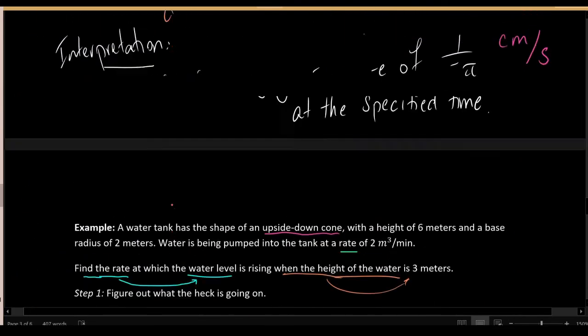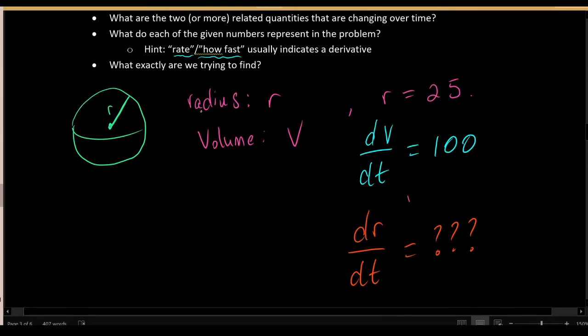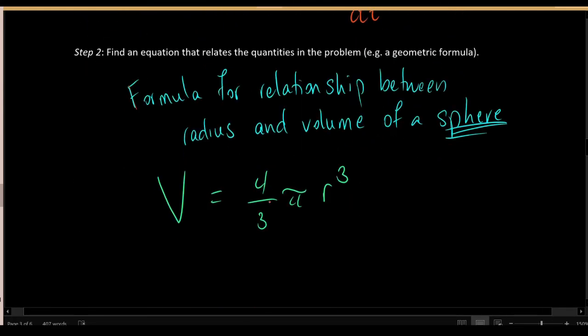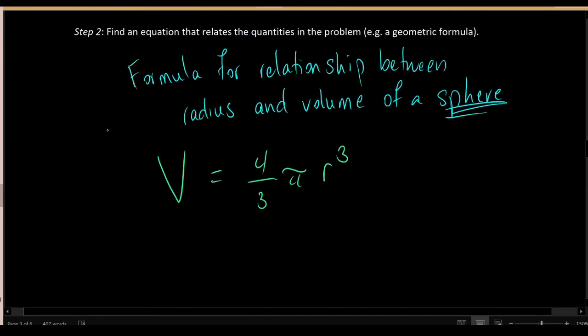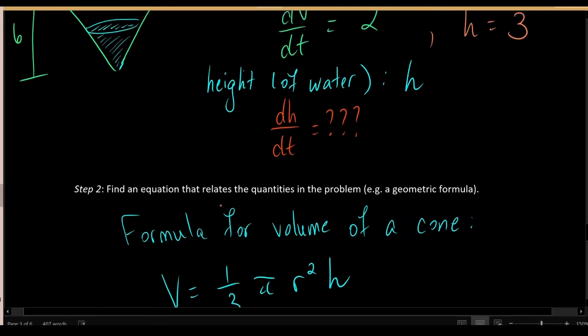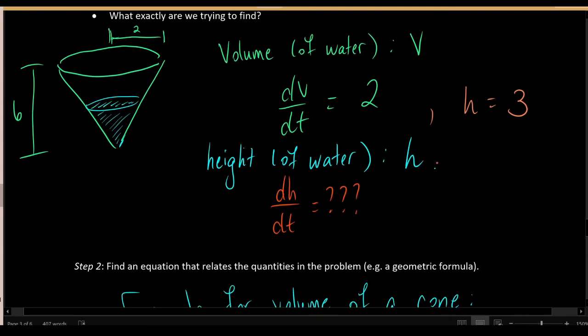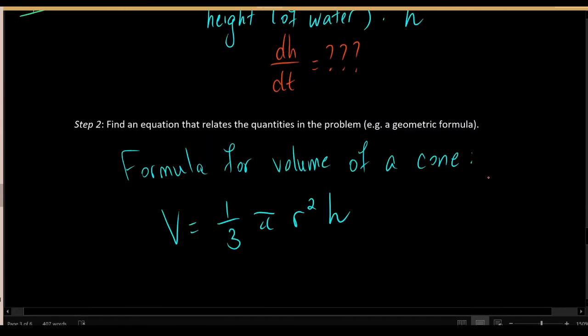In the previous problem, the only related quantities that we were concerned with were radius and volume, and conveniently, our formula contained only radius and volume. In this problem, the only two quantities of concern are volume and height, yet the formula that we found online has volume and height and radius.